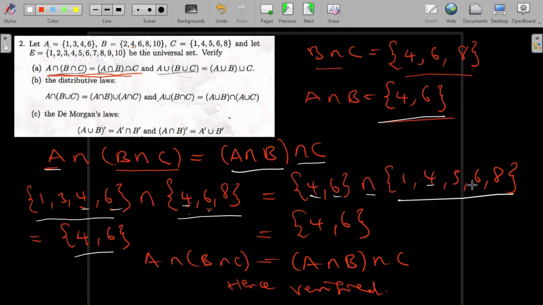There's 6 there, and there's also 6 there. And I see that my left hand side is equal to my right hand side. So this verifies that this indeed is true, because I found that they are equal. Okay, I hope that is understood. Do you have any questions?